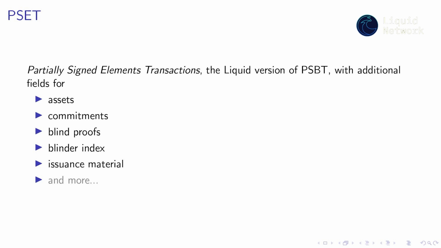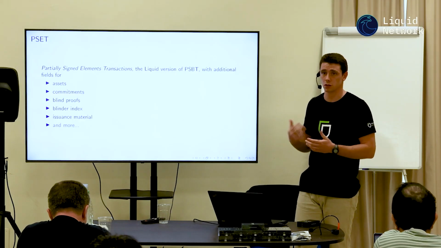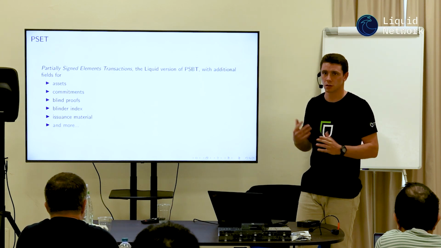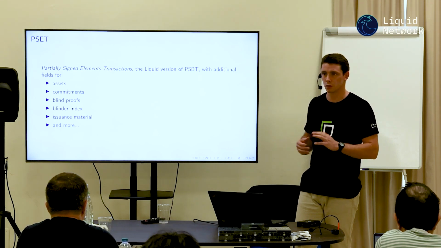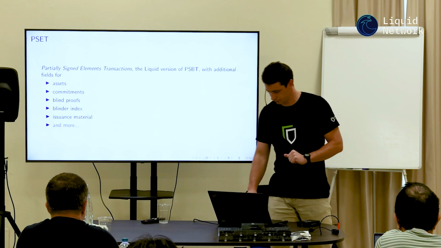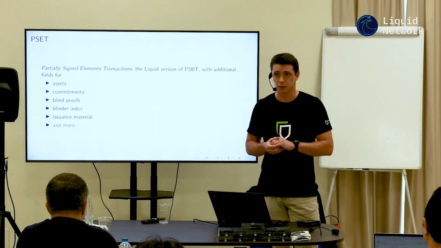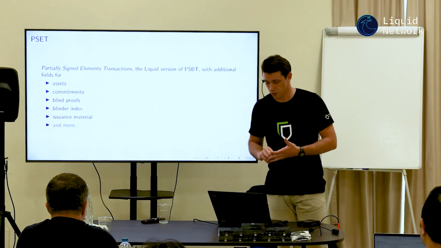The definition of those is on the wiki on Elements, but some of the definition you can also find in the documentation of Rust Elements, which is often more updated. The standard is not completely set in stone. It's evolving.